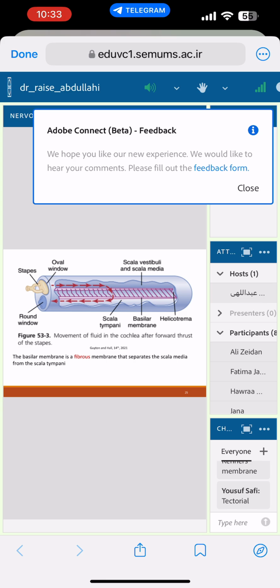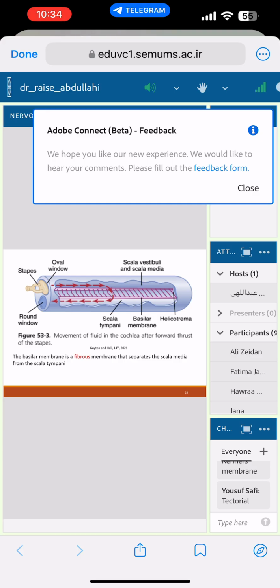Why can we not see the Reissner membrane here? Because in terms of movement of fluid in the cochlea after encountering the sound vibration, you can imagine that there is no Reissner membrane.